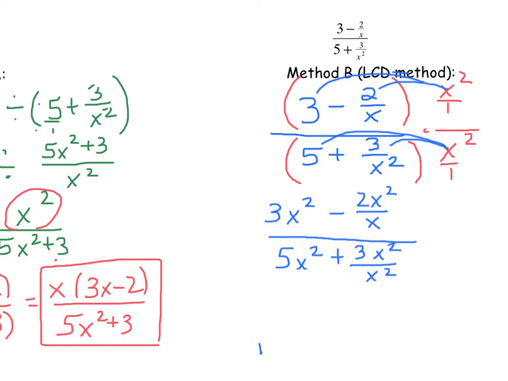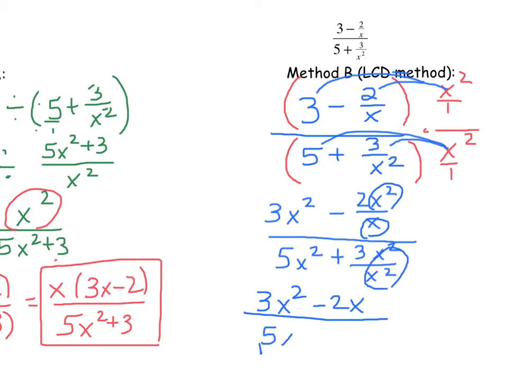So as we come back to write our expression, we're going to have a 3x squared in the numerator. The x squared over the x is going to reduce to x to the first, so it's going to be a minus 2x. And in the denominator, these are going to reduce, and I'm going to have 5x squared plus 3.